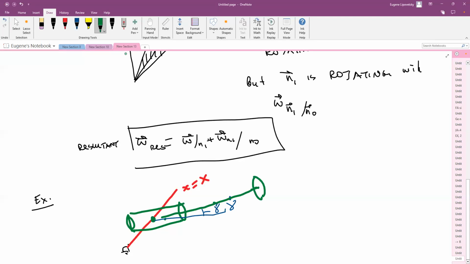With center C. This axis we call Z. It is rotating, as you can see by the angle gamma. This point is O. This is A. And the cylinder is rotating with angular velocity omega naught.